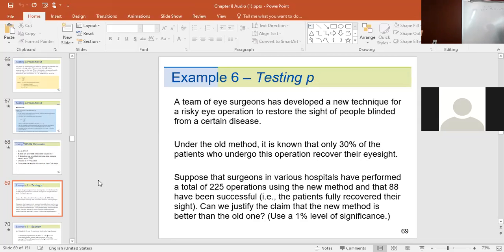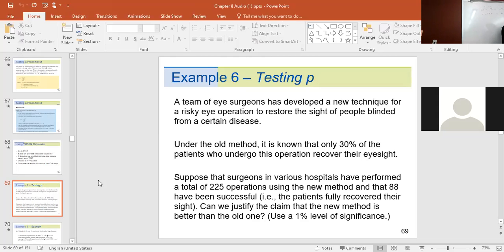That is, p is less than 0.3, p is greater than 0.3. So what is the sample size here? 225. What is the number of successes? 88.